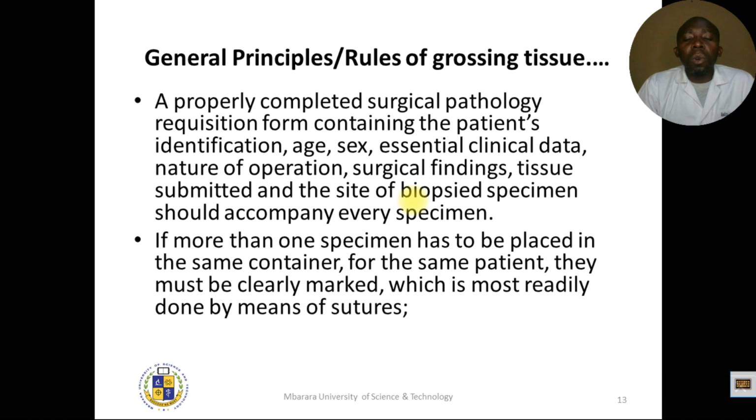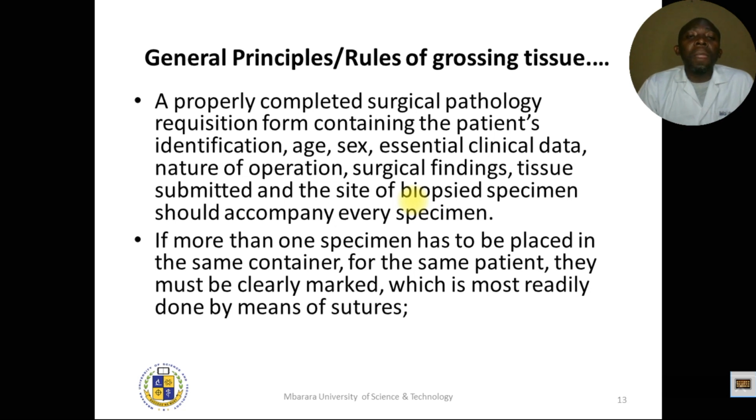So a properly completed surgical pathology requisition form containing the patient's identification like age, sex, essential clinical data, nature of operation, surgical findings, tissue submitted, and the site of biopsy specimen should accompany every specimen. This is very sensitive information that you shouldn't miss.